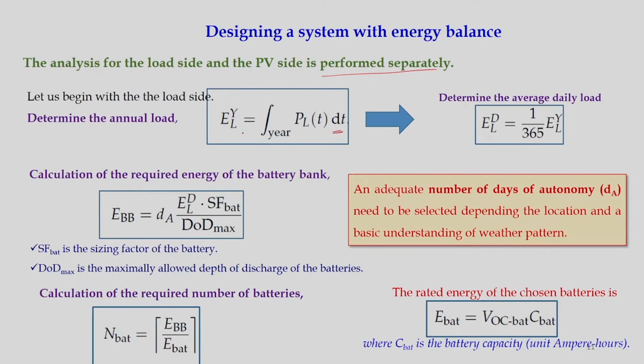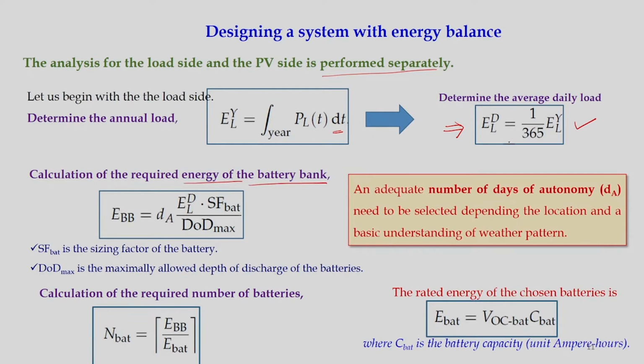So, if I am interested in the average daily load, then we will divide this EL by 365. So, ELY, okay. This will give you the daily load, right. Then what we are interested in is the calculation of the required energy of the battery bank.